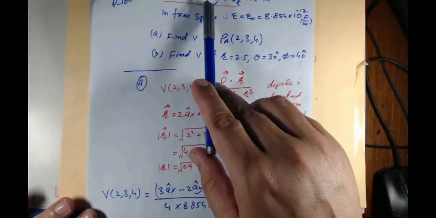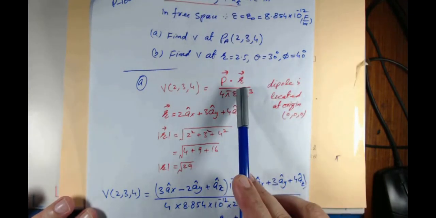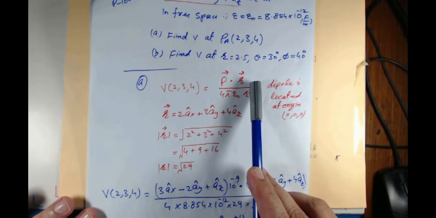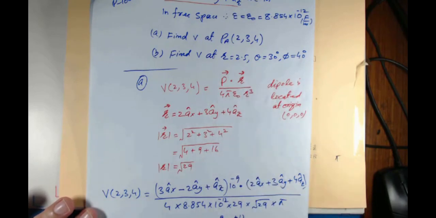Actually, in this case, the electric dipole is located at the origin, so that's why R prime in this case is 0. R prime vector has 0, 0, 0 components along each axis.